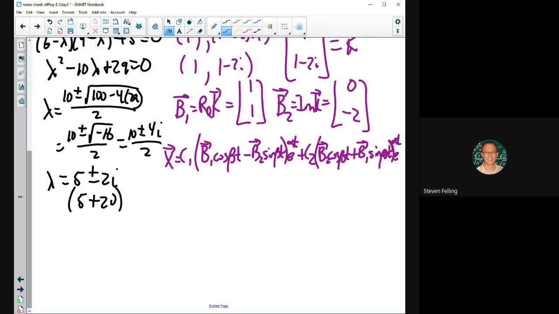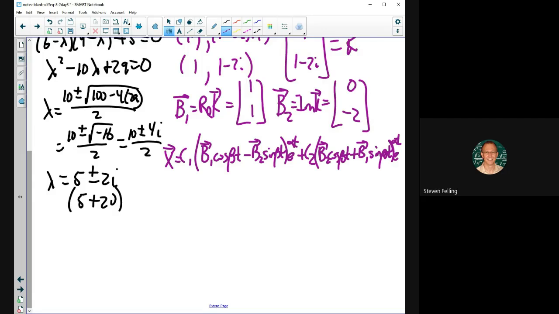So this is a memorized structure: for the first term, you take the real part times cosine minus the imaginary part times sine, all times e to the alpha t. And for the second one, you take the imaginary part times cosine plus the real part times sine.